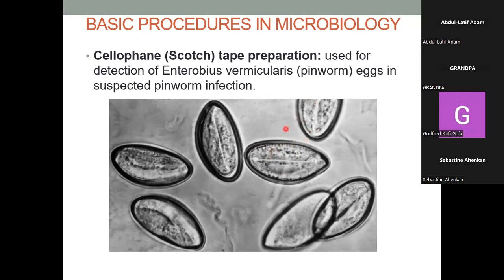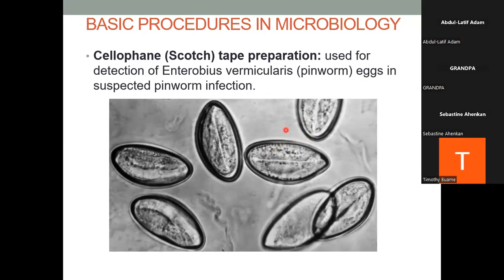Hello, Grandpa. Yes, sir. Please, I would like to know, is it only in the pinworm that we use the cellophane tape? Yes, as far as I know, because it is only the pinworm that lays its eggs in the perineal area. For all the other helminths, the eggs will be found in the stool.